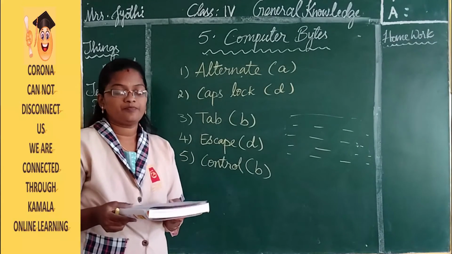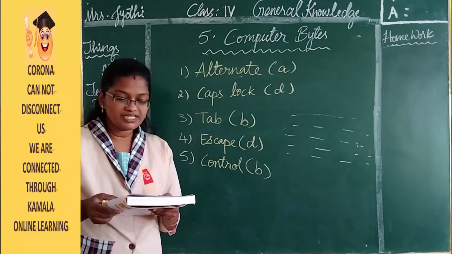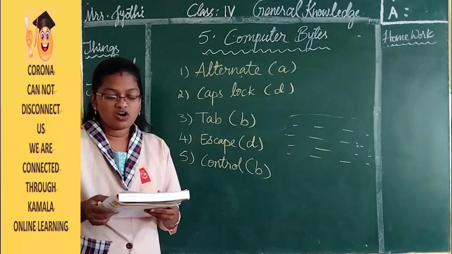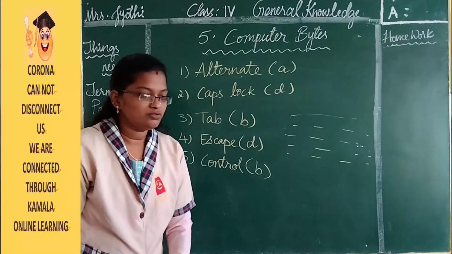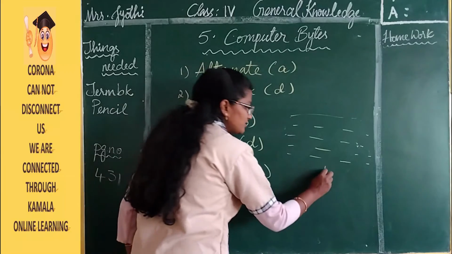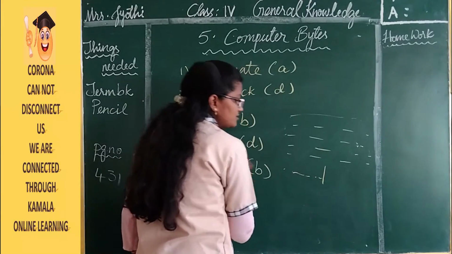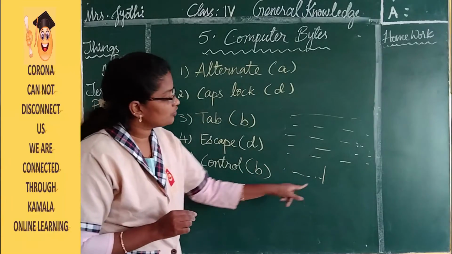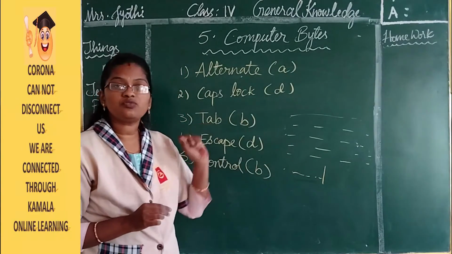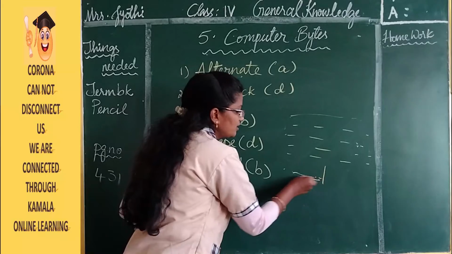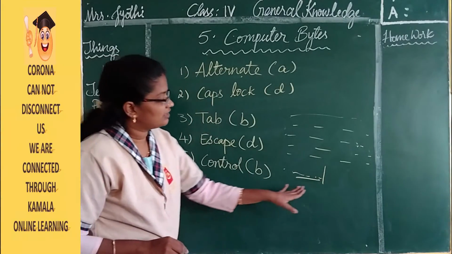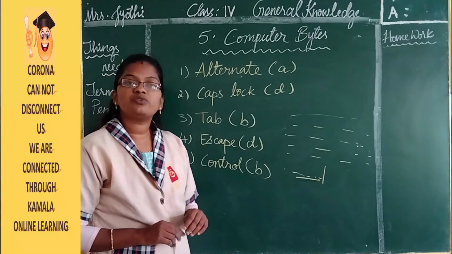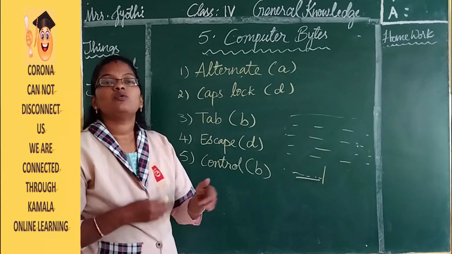Then, sixth one. Which key is used to erase the words to the left of the cursor? So, this is the cursor. Already something is typed here and you are going to type something more. You want to delete what is towards the left side of the cursor.